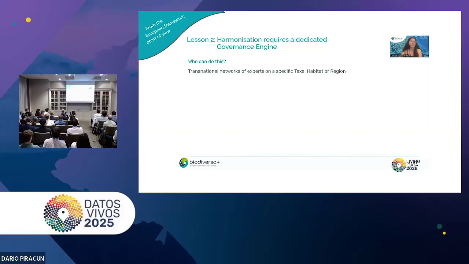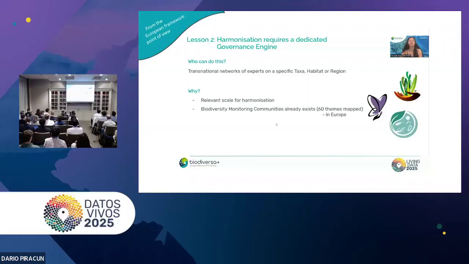So who can do this work? As we said, experts on specific taxa, habitat, or regions, on the target of your monitoring. And if we want to harmonize at a larger scale, we need these transnational networks of experts. And another reason to talk about this is simply that these transnational biodiversity monitoring communities already exist.